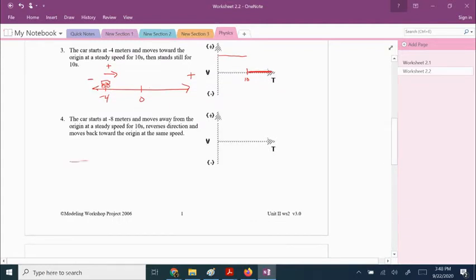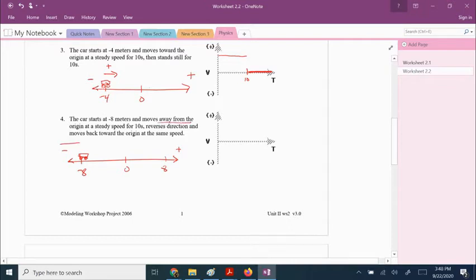Next up, we have a car that starts here at negative 8 meters. Here's our 0, and positive numbers over here. It starts at negative 8 meters, and it's going to travel away from the origin.